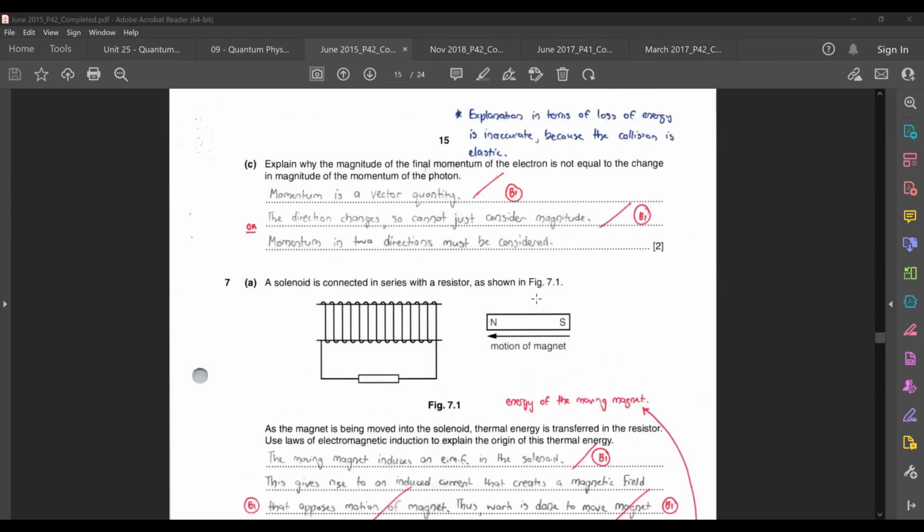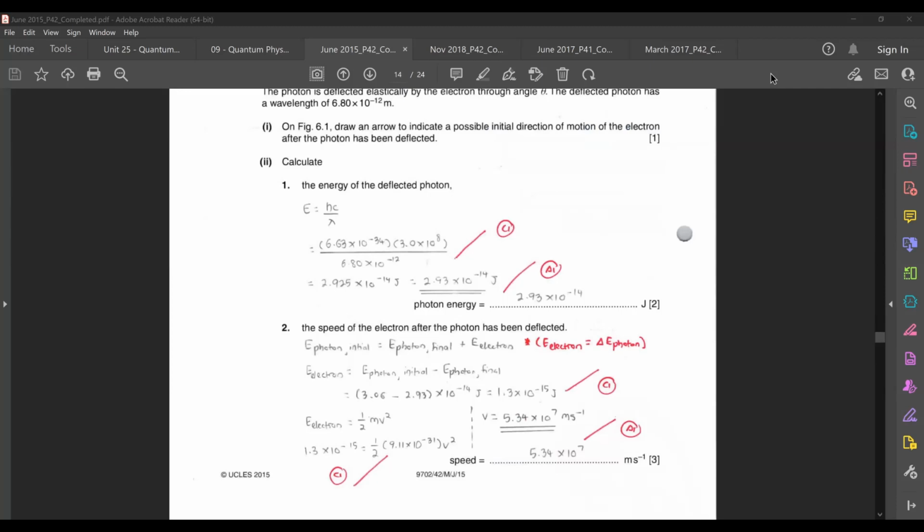Then after that, you come to the second part where we want you to find out the speed of your electron after the photon has been deflected. Based on the diagram that I just drew for you earlier, maybe I just draw it very quickly here. Your photon was moving this way towards an electron that was stationary.